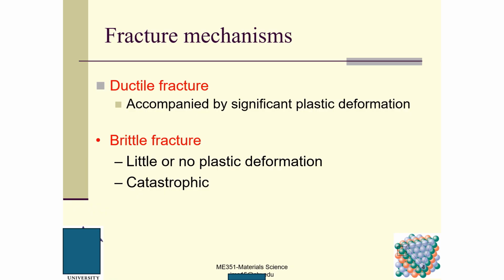It is catastrophic because there is no plastic deformation, and you do not have time to do anything to prevent the brittle fracture from happening and continuing. If brittle fracture occurs, it continues until the whole specimen breaks.